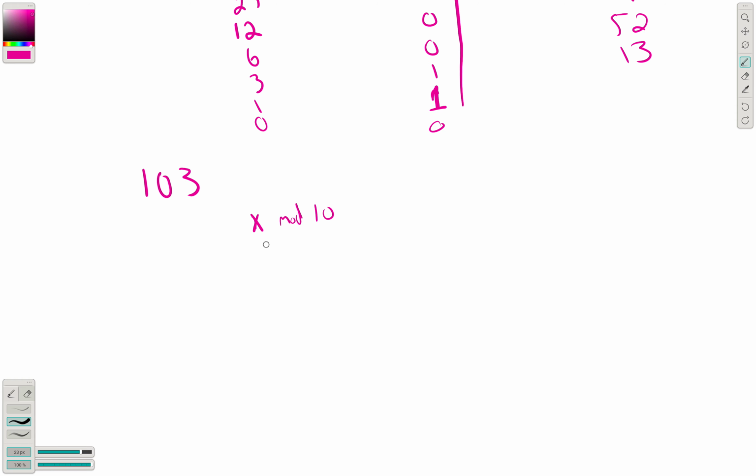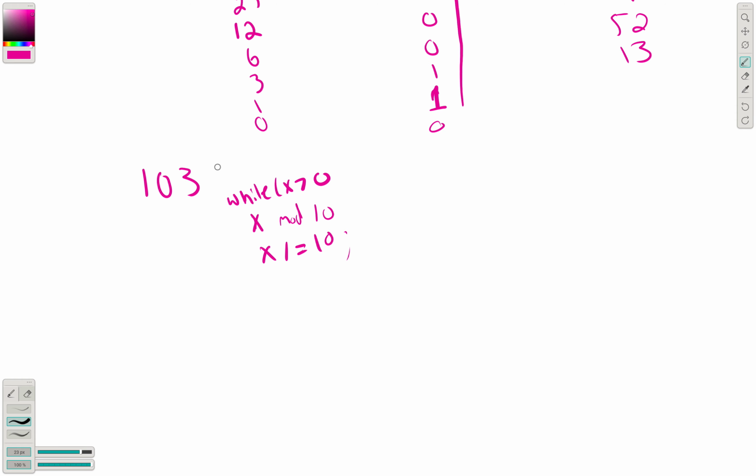And actually I'll just write it. So while x is greater than 0, x mod 10, x divide equals 10. And then you are adding this digit to your solution, the digit that you modded.